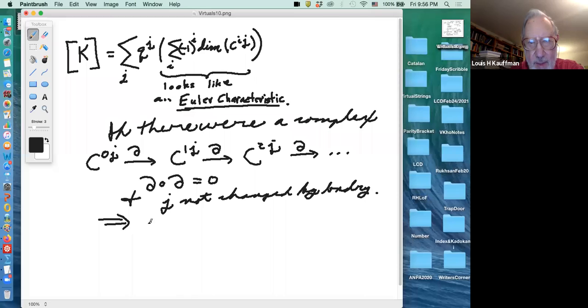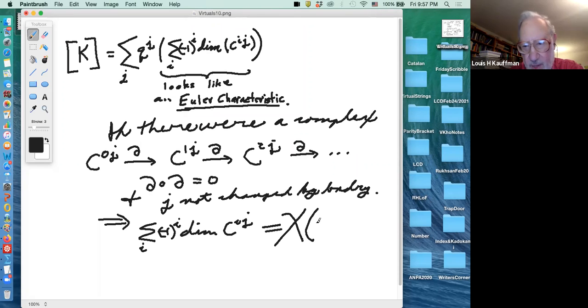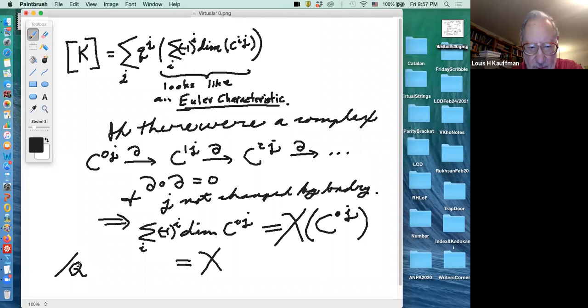Then the sum on I of minus 1 to the I dimension of Cij would, by its very definition, be the Euler characteristic of the complex labeled by j, because there would be one complex for each j. And then, by the usual homological algebra, this would be the Euler characteristic if we were, say, over the rational numbers to make ourselves life easy.